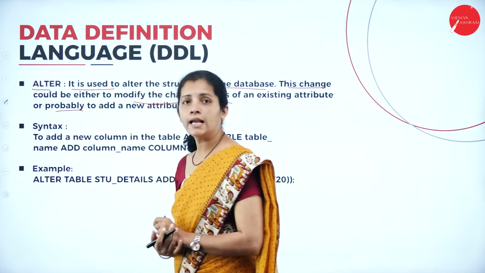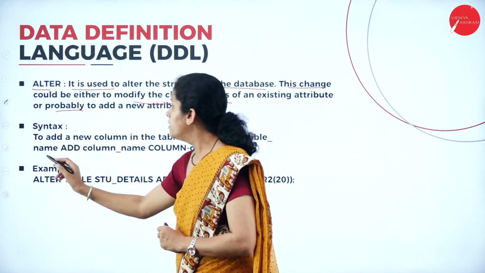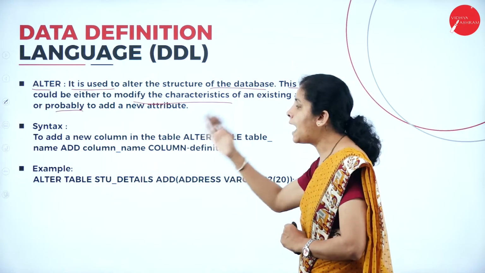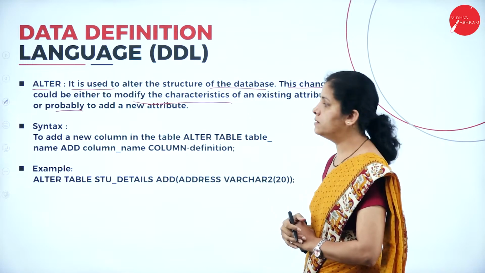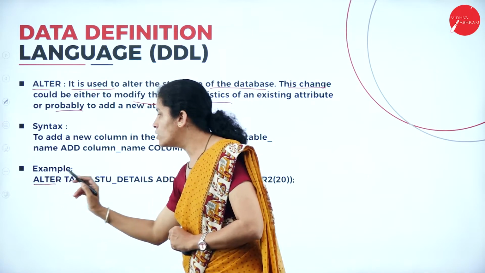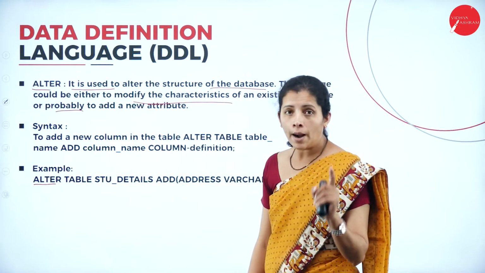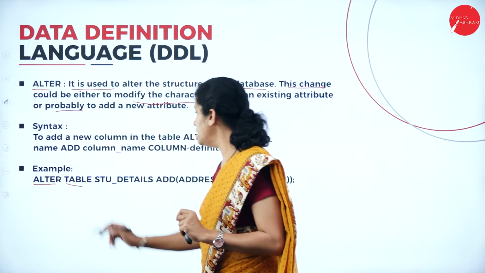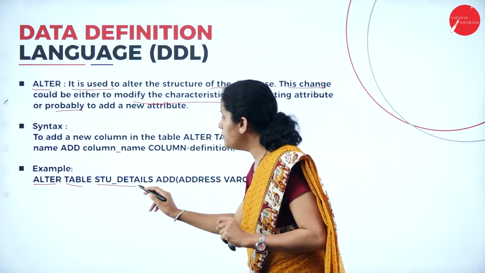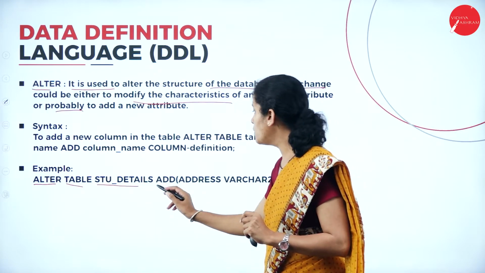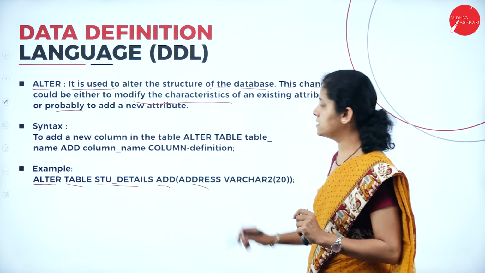And the syntax here is, first, I want to add a new column. To add that, I specify the command name, that is alter table. Here the table name is student details and I want to add address.